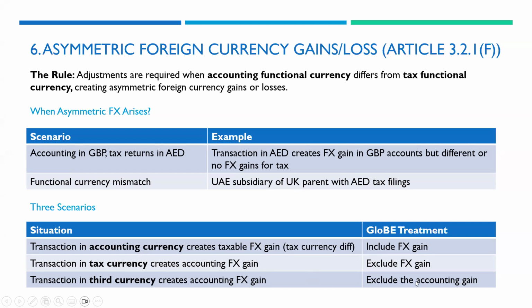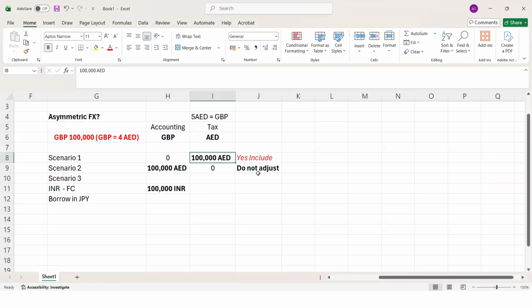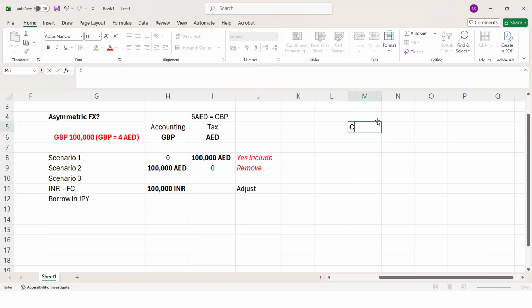Understood? So what they're effectively telling me is, this you remove, this you do nothing, this also remove, this also adjust. Let's use the word adjust, so that your covered tax and GloBE income do not have any differences.